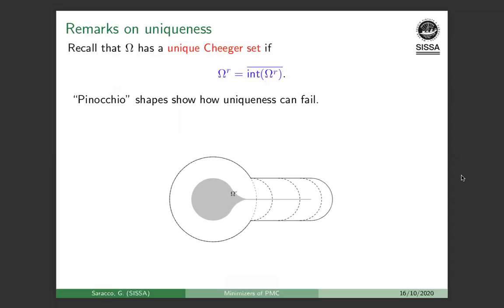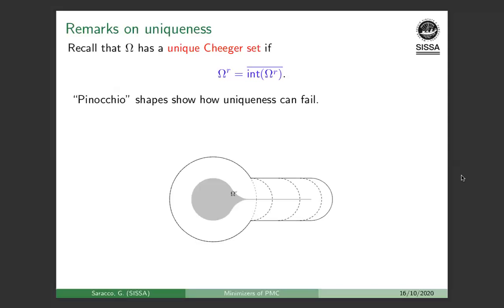For this precise value of r, by sliding this ball further and further away, you get this kind of shape, which resembles a face with a long nose. So that's where the Pinocchio name comes from. And you can prove that all these shapes have the same Cheeger constant and they're all Cheeger sets of themselves. So you end up having infinitely many Cheeger sets. If you stop the ball sliding at some point, you have a set which has infinitely many Cheeger sets.